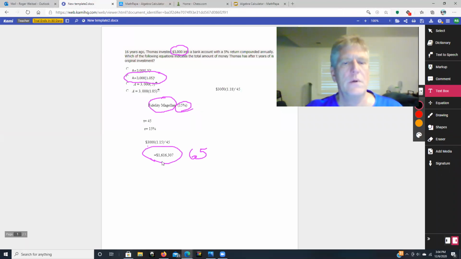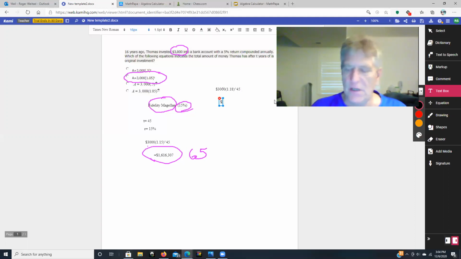So here we have $1.6 million. Here, you're earning it. If you use a credit card and you take that same $3,000 and leave it on a credit card and pay 18% over the next 45 years, what happens then? So again, we're going to take our $3,000 and we're going to multiply it.